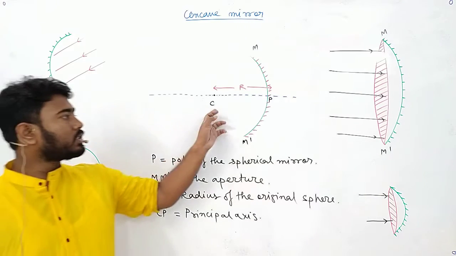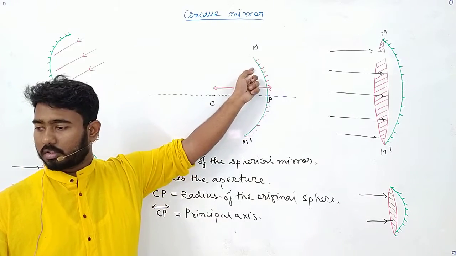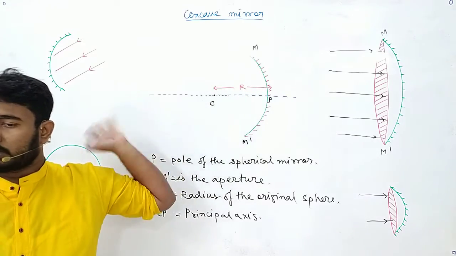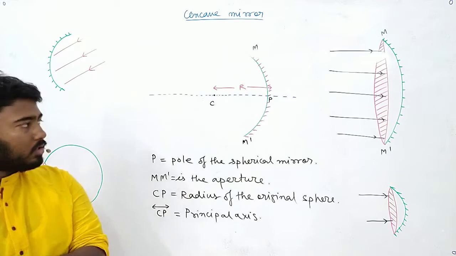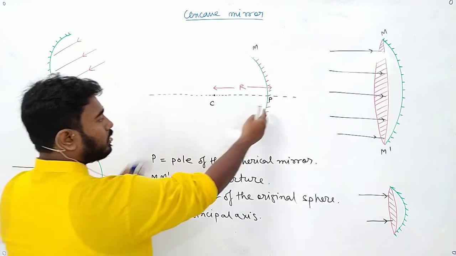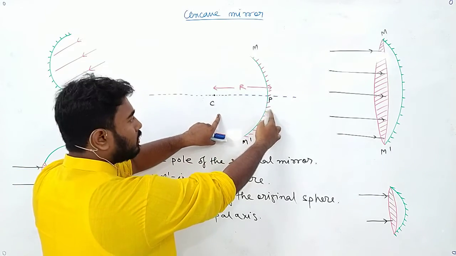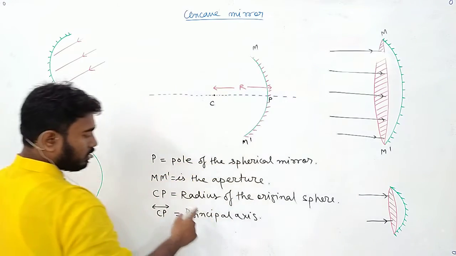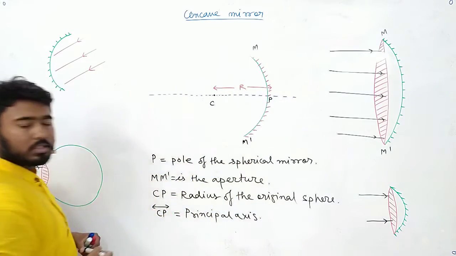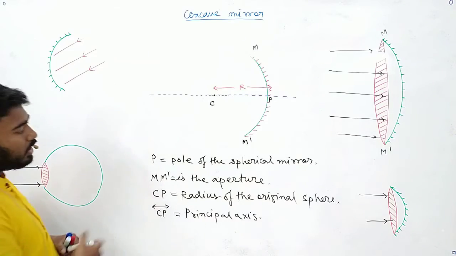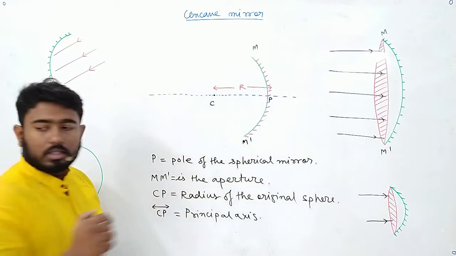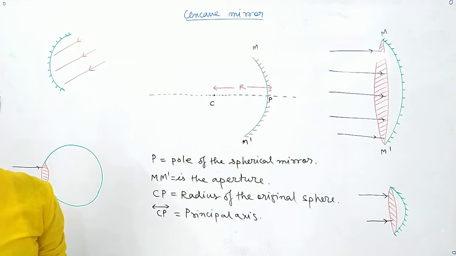The distance between C and P is known as the radius of curvature. The line CP extended on either side is the principal axis. The length CP is the radius of curvature, that is, the radius of the original sphere. And this line extended, the blue line, is the principal axis.